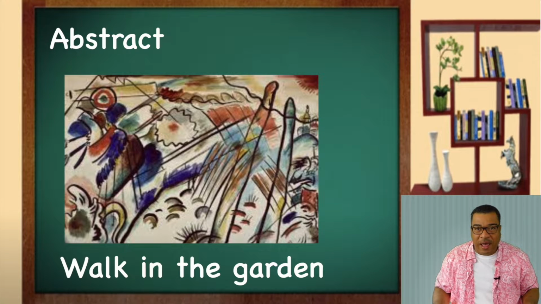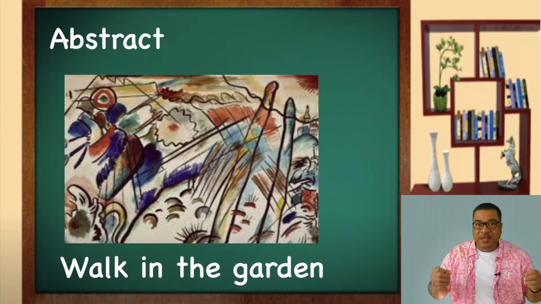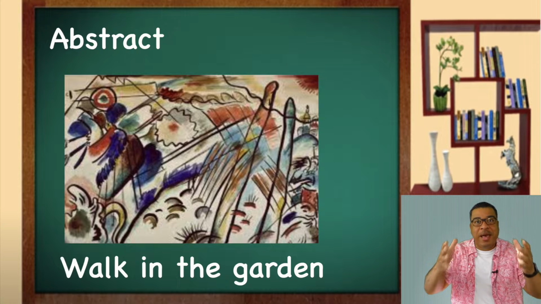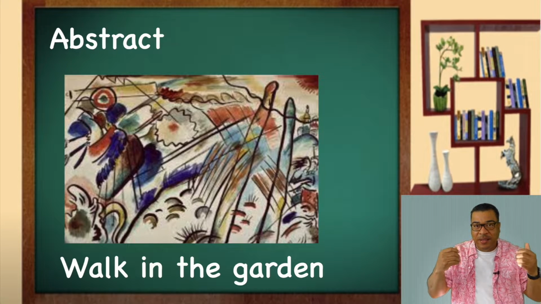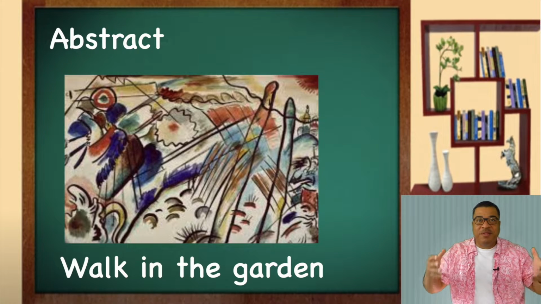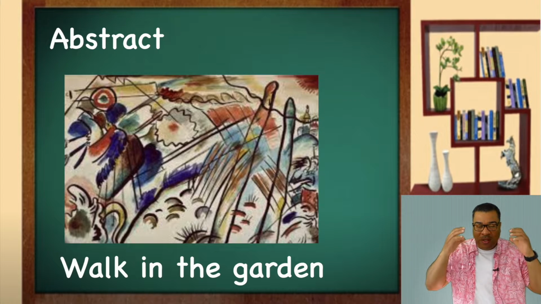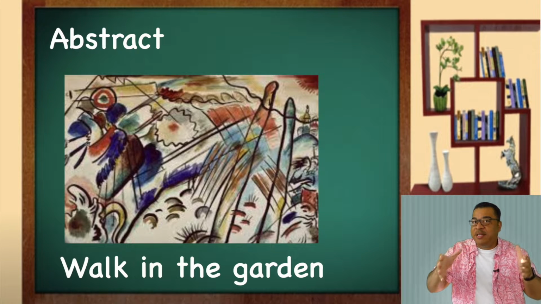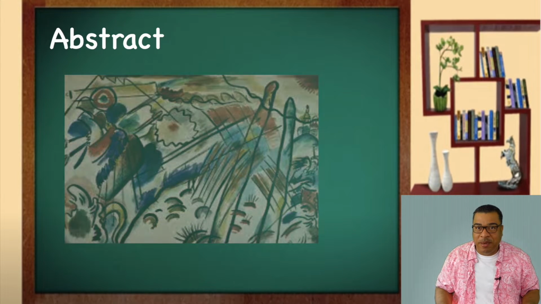It's a very abstract painting. It's more something that you imagine in your mind. You have to use your imagination to see this Walk in the Garden painting. It's a very abstract image. Each person will have a different opinion, a different view when they look at this painting.